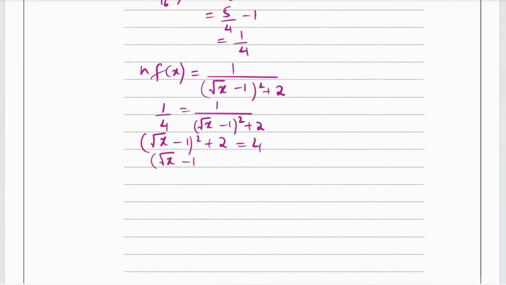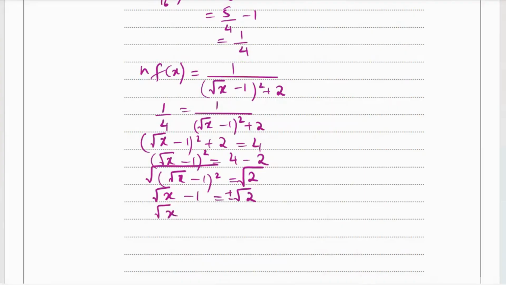(Root of x minus 1) whole squared equals 4 minus 2, that's going to be 2. Then we square root both sides, so root of x minus 1 equals plus minus root 2. So root of x equals plus minus root 2 plus 1.